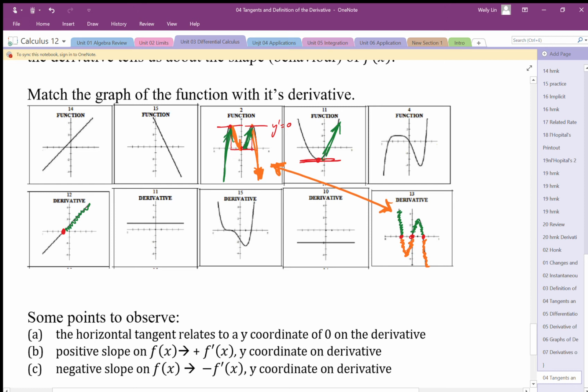That seems consistent. This is pointing down on this side of my 0 slope, and these are all negative y coordinates, which indicates negative slope. Those two graphs definitely match. The other consistent part is that the slope function of a quadratic is linear. The changes of a quadratic are linear.